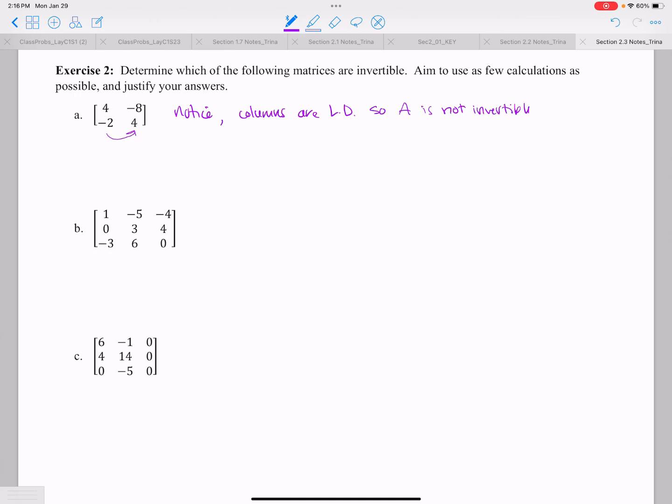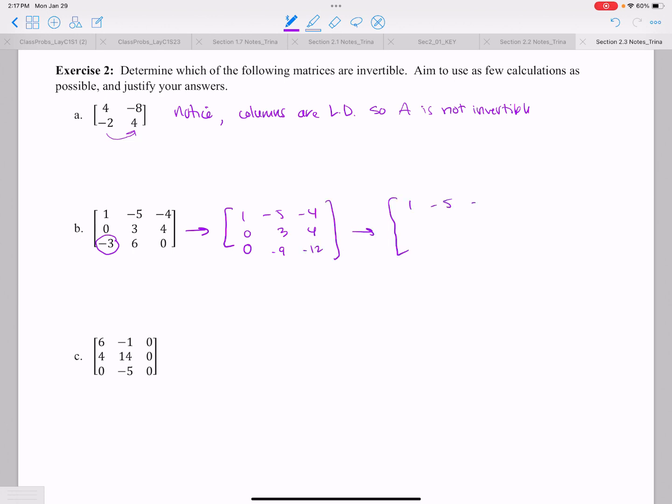In this next one, I don't see any immediate relationship between the columns. So I'm going to row reduce it a little bit, see if I can make some observations. So I have 1, -5, -4, 0, 3, 4. To zero out this -3, I'm going to add it to 3 times row 1. So I have 0, and then 6 plus -15 is -9, and then 0, -12.